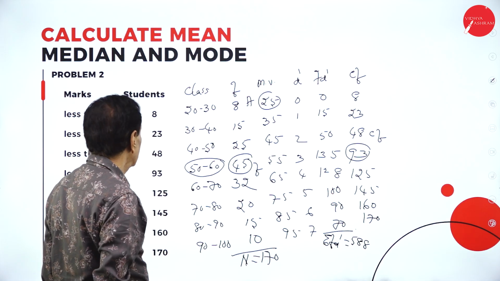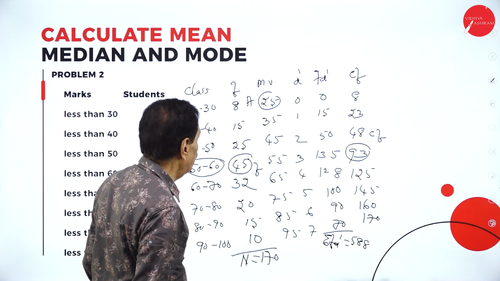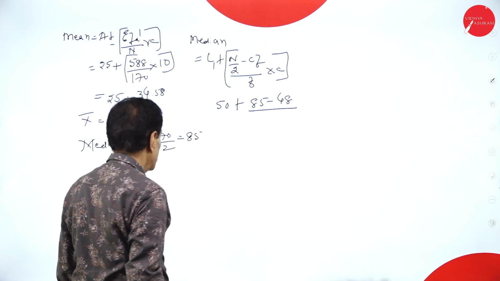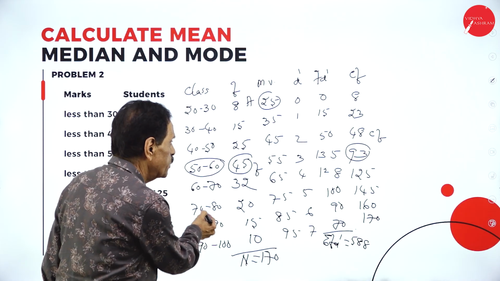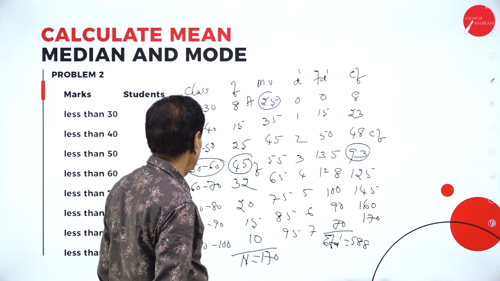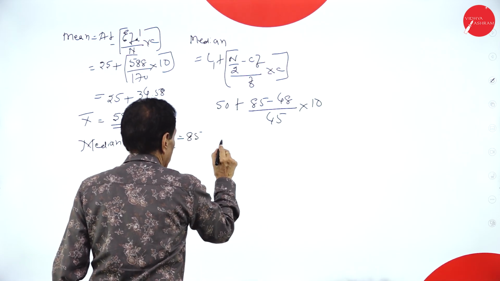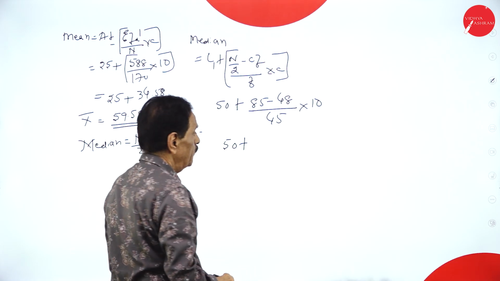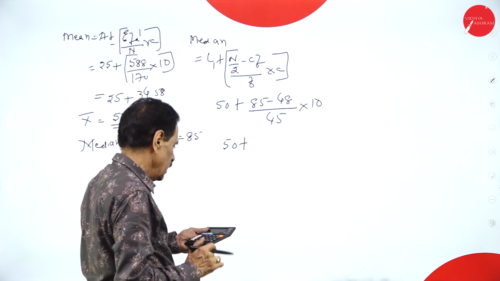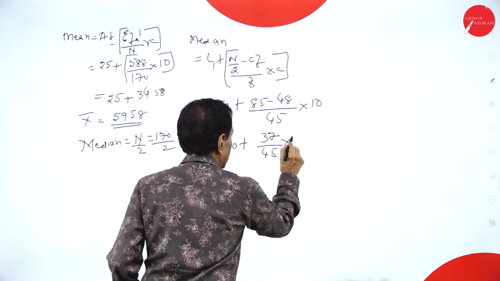N by 2 is 85. 85 minus your CF, which is 48, divided by the frequency, which is 45, into class interval, which is 10. 85 minus 48 is equal to 37 divided by 45 into 10.